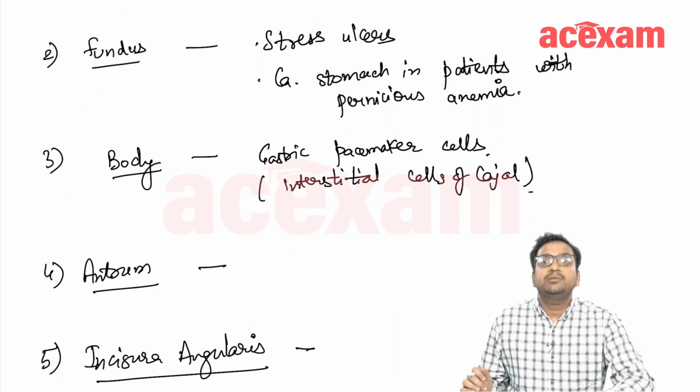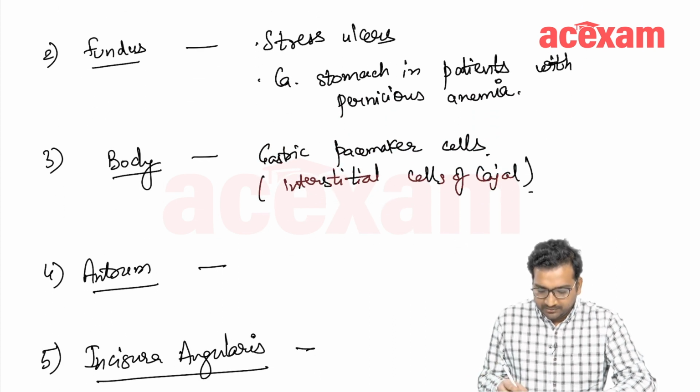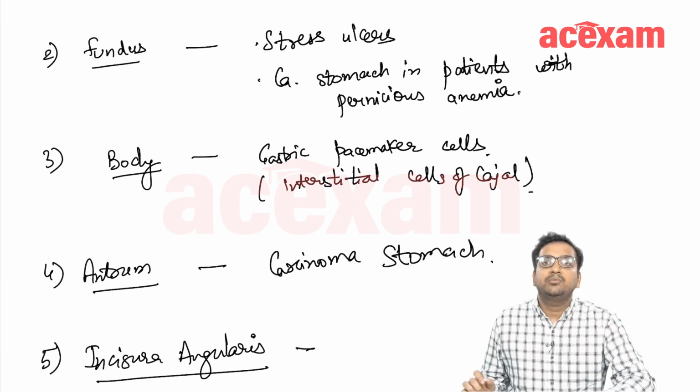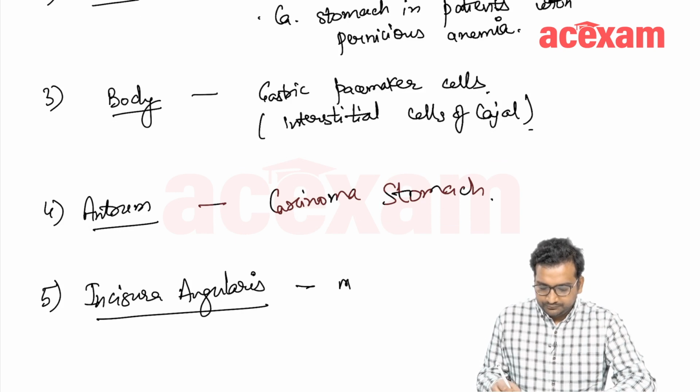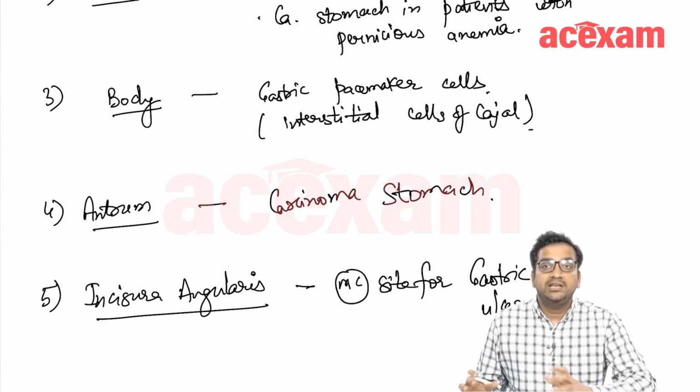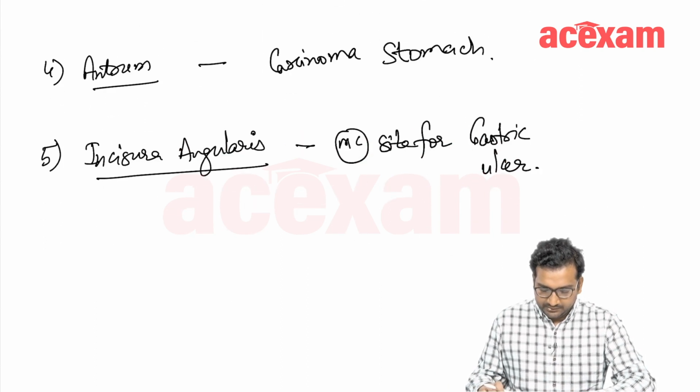Now, antrum is the most common site for carcinoma stomach. And incisura angularis is the most common site for gastric ulcers. Okay. So these questions are very important regarding the anatomy.